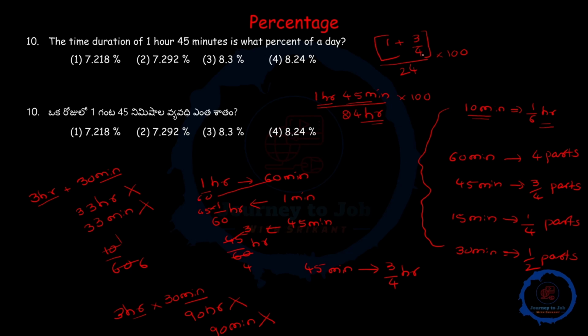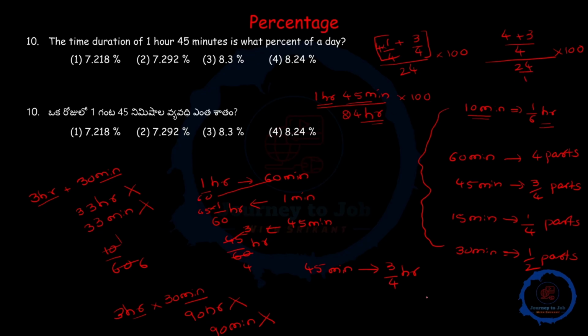So 1 plus 3 by 4: the LCM is 4, so multiply with 4 on numerator and denominator. 4 into 1, 4 plus 3, by LCM 4, by 24 into 100. So this is 4 plus 3, 7 by 4, and this is 24 by 1.